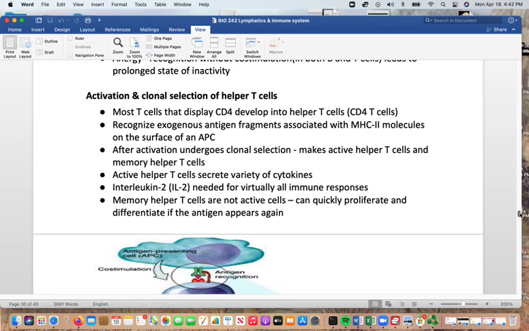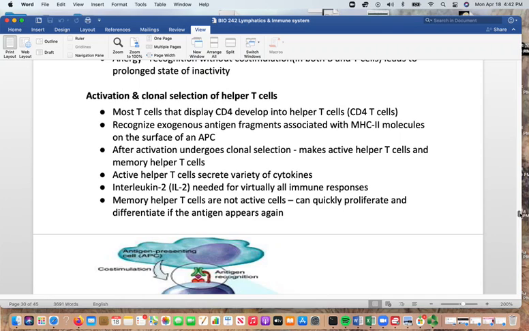So when we look at activation and clonal selection of the helper T cells, most T cells that display the CD4 will develop into T helper cells. They recognize exogenous antigen fragments associated with the class 2 MHC on the surface of the APC. So after activation, they undergo clonal selection.